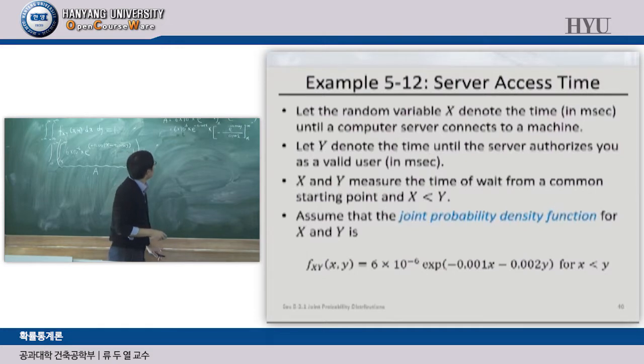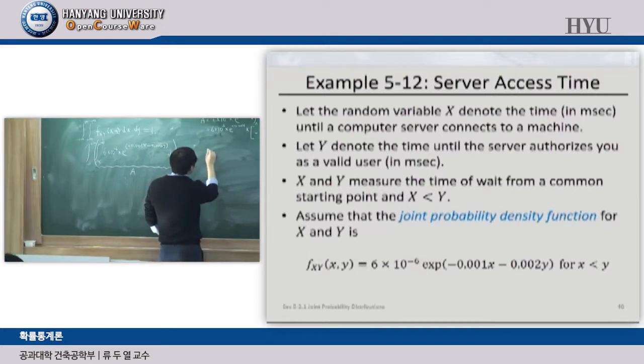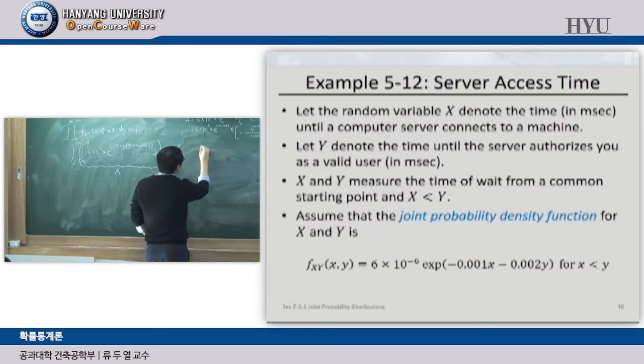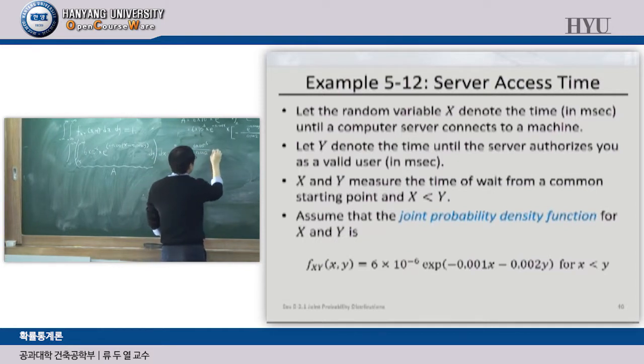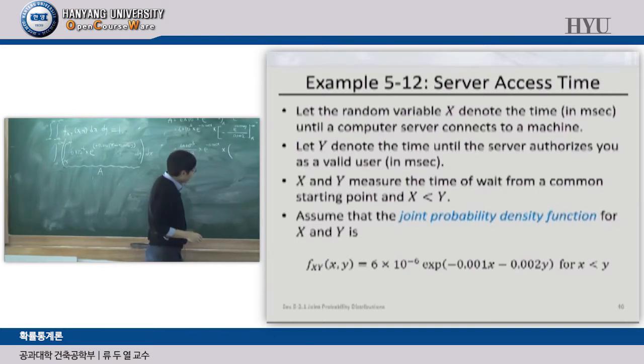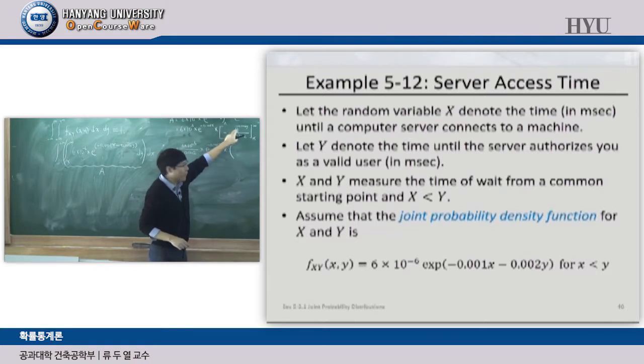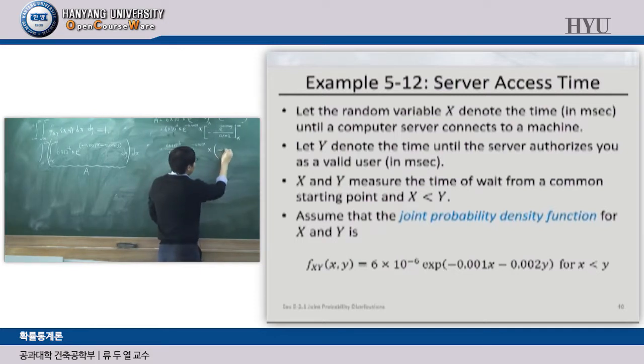And this can be written as 6 by 10 to the minus 6th power over 0.002 by exponential minus 0.001x by, what about the minus exponential minus infinite? That is equal to 0. So minus 0 plus exponential minus 0.002x. Okay?